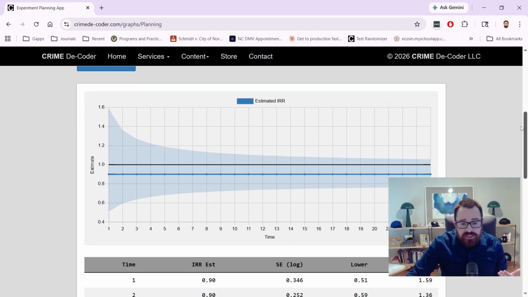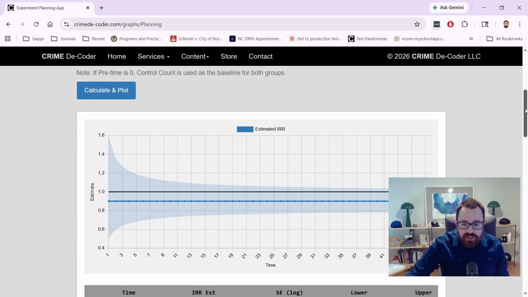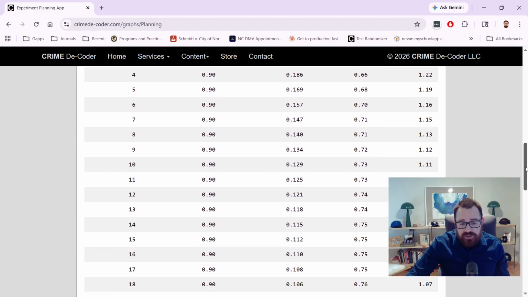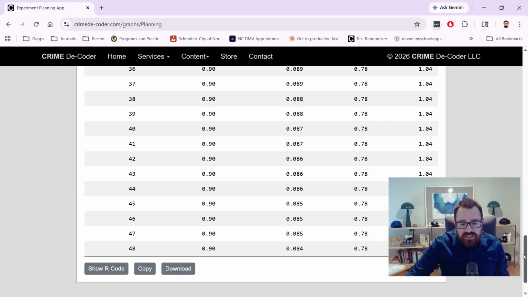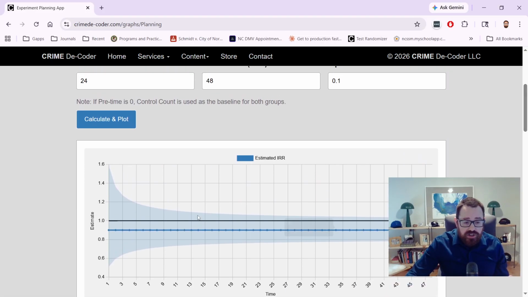In that scenario, we would need to run this intervention for more than 2 years. You can also have more post time periods if you want. So let's go out to 4 years, just as a hypothetical. And in this scenario, our estimator still never gets small enough to not cover our baseline estimate of 1 over time.